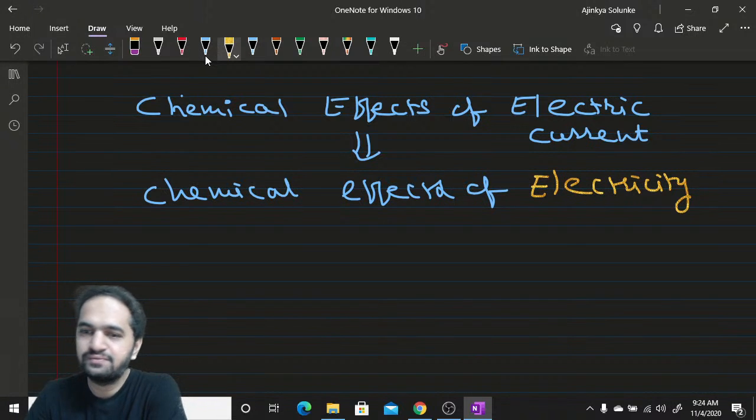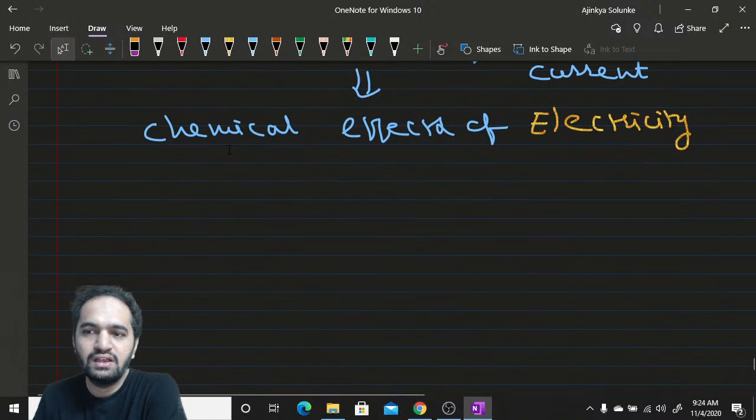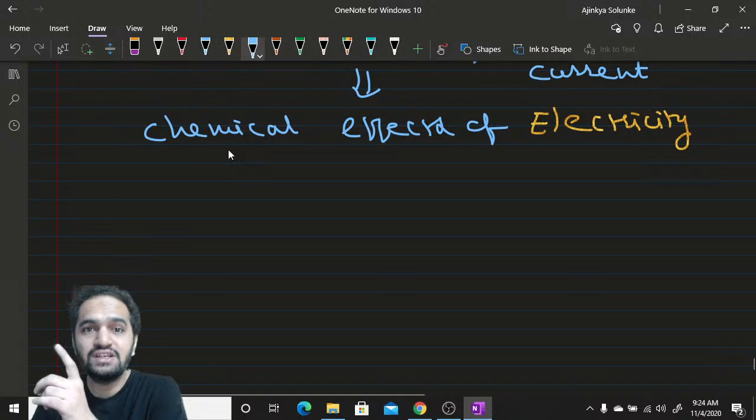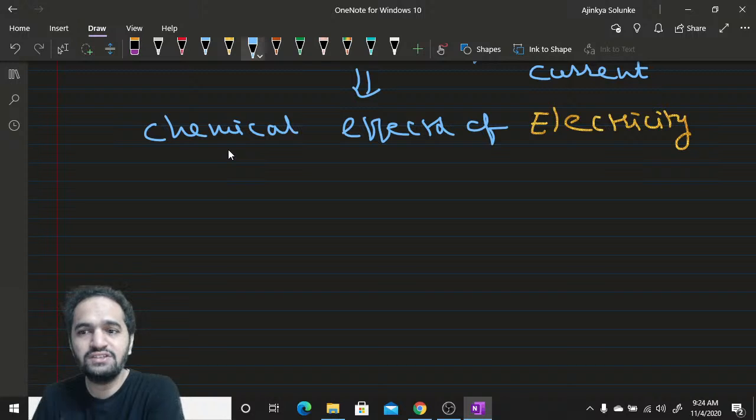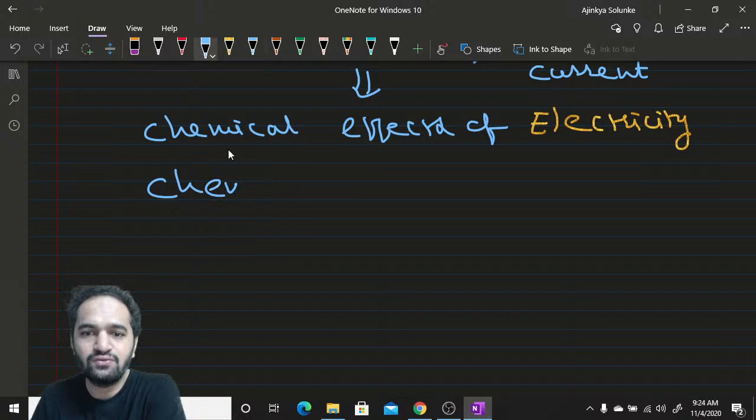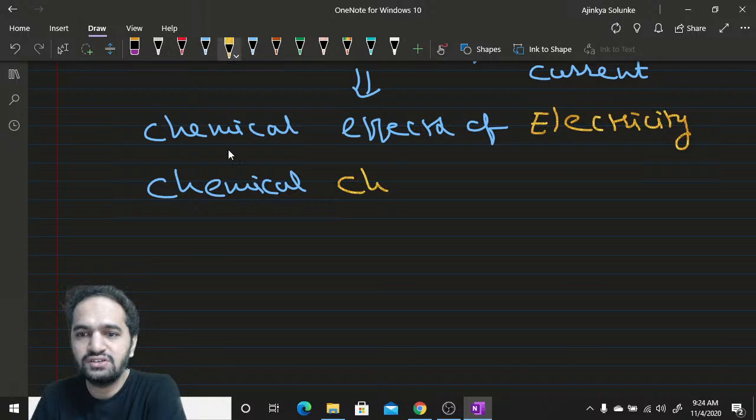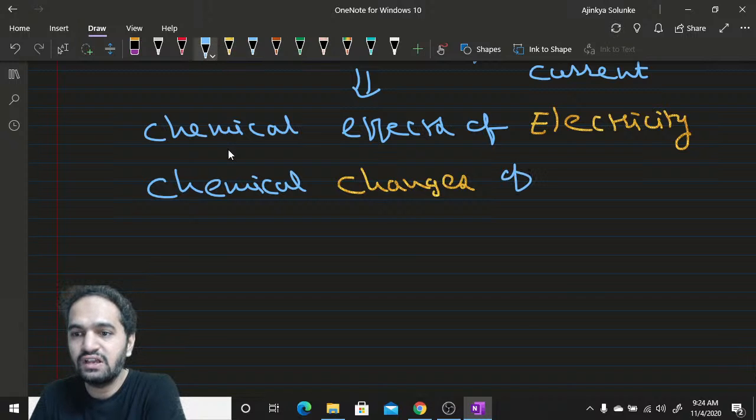So can I say chemical effects of electric current is nothing but chemical changes? These are effects, meaning what? Chemical changes. Okay, so can I also write it something like this: chemical changes of electricity. I am making just changes so that you can understand what it really means.